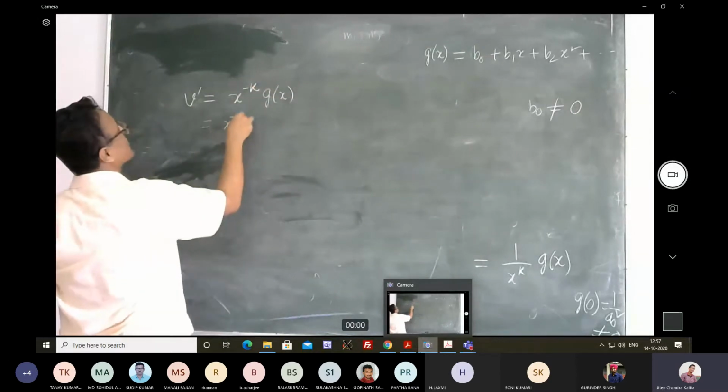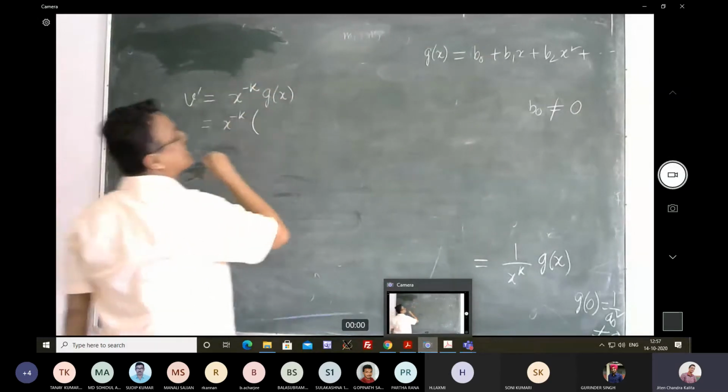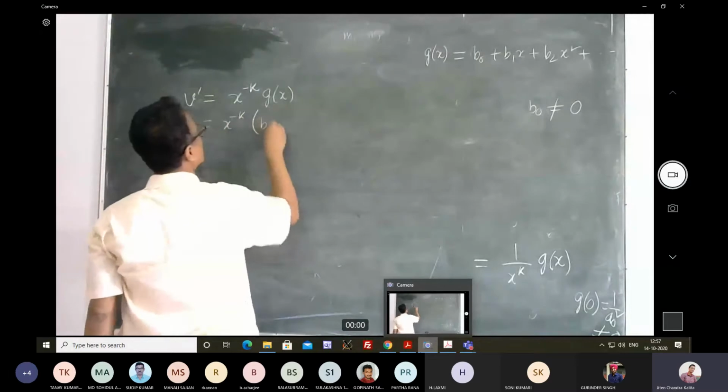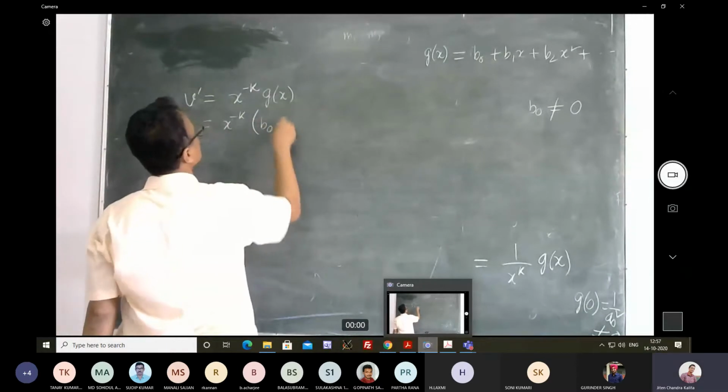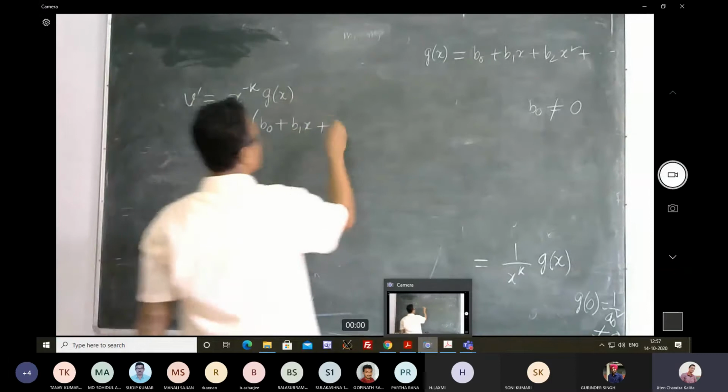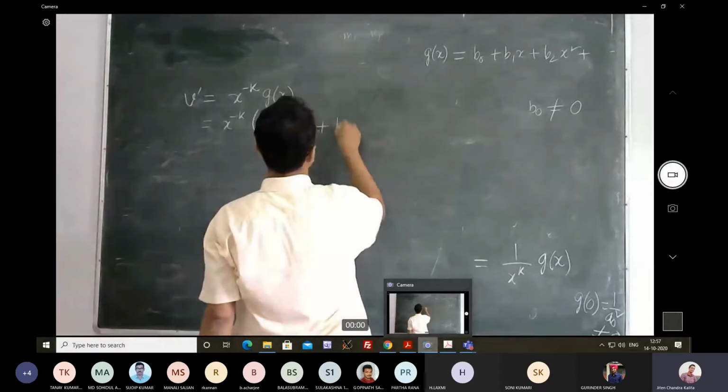So this is equal to x to the power minus k, say b naught. I'm going to expand it a bit. Please bear with me.